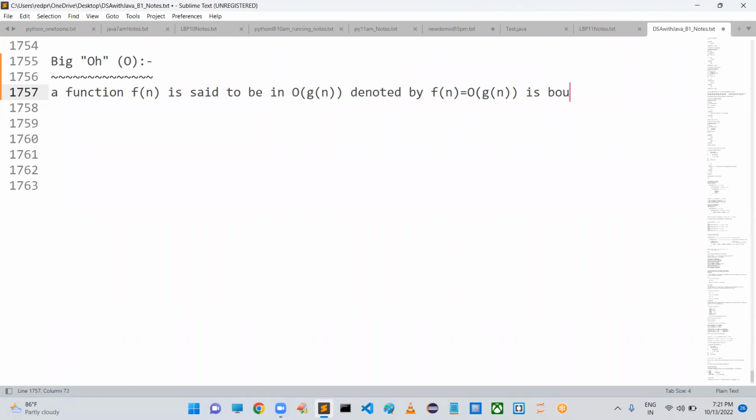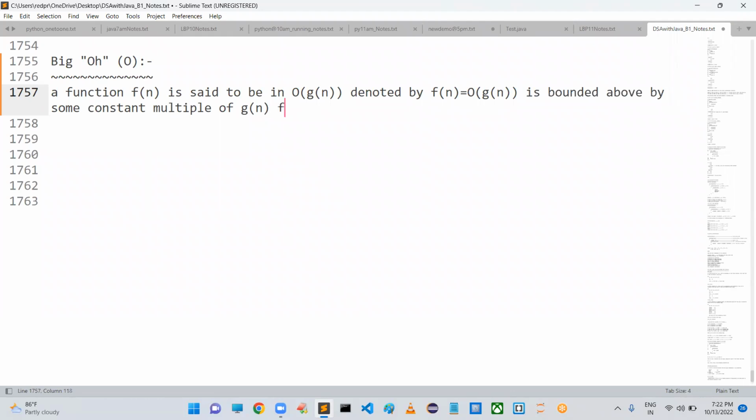It is bounded above by some constant multiple of g of n. If you multiply g of n with some constant, then that function will reach above f of n for all large values of n.